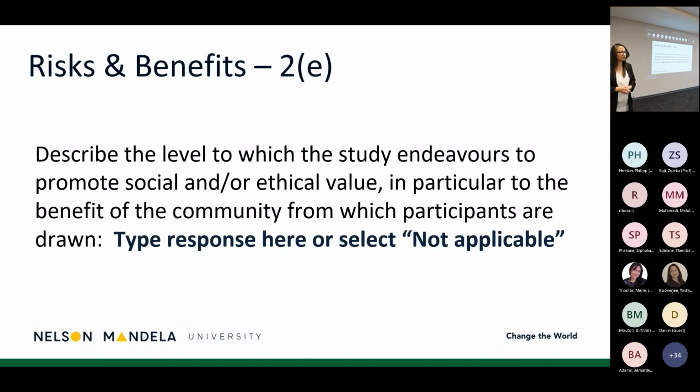With this question, many students underestimate or don't even realize the social and ethical value that their study has. Don't underestimate yourself, or maybe you were just in a rush and wrote not applicable. That also happens, trying to get through the form as quickly as possible, deadlines, you know. But think about it.